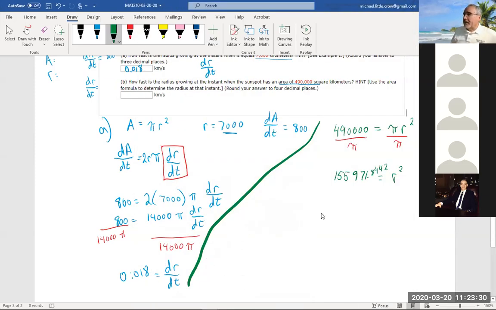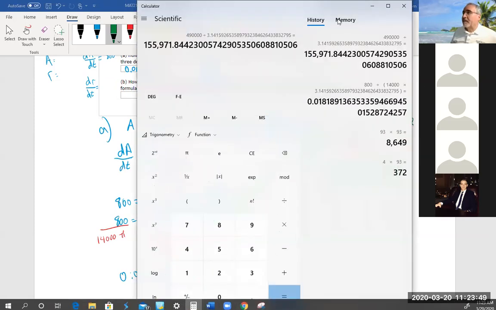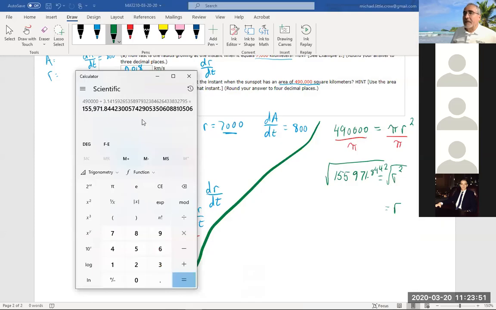Okay, so that's r squared. We've got to take the square root of both sides. It'll give us a plus or minus answer, right? Because there's a negative square root, but we'll just use the positive side. Let's take the square root of this.